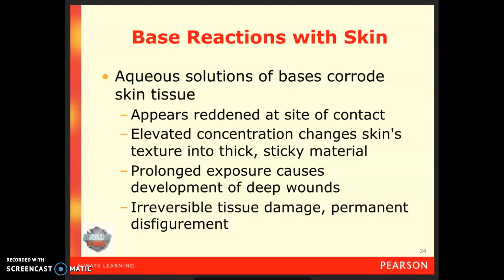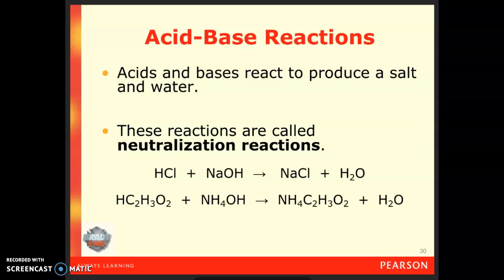So let's take a look at some acid-base reactions. Now, the most common acid-base reaction is called a neutralization reaction. And when acids and bases interact with each other directly, what we get is a neutralization. And a neutralization always produces two things. First, we always see water. Water is always going to be a product of a neutralization reaction. The other thing that we're always going to see is a salt.